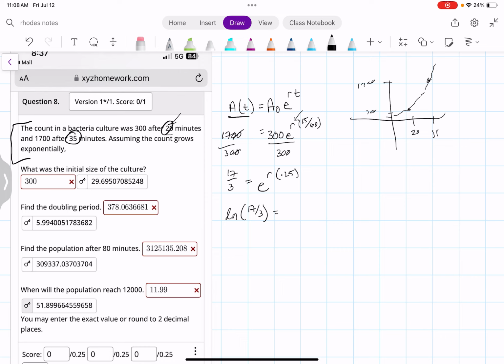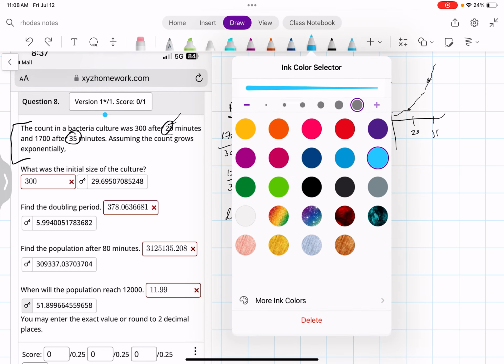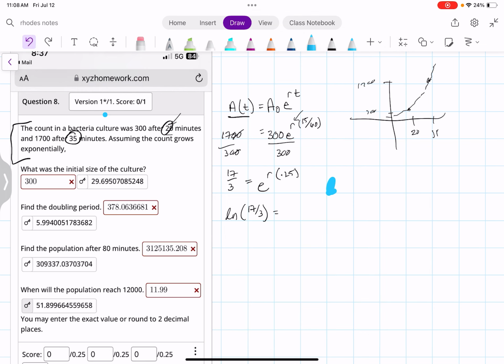On the right-hand side, that would be the ln of e to the 0.25 r.